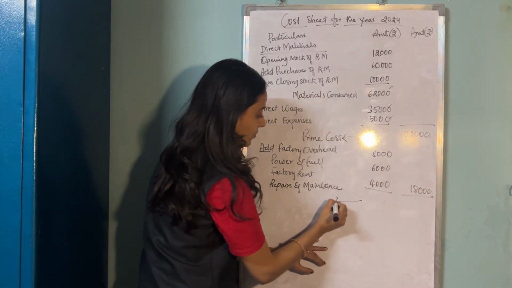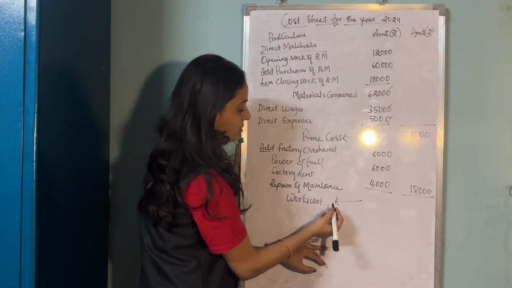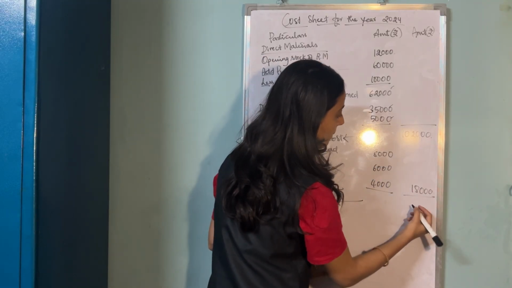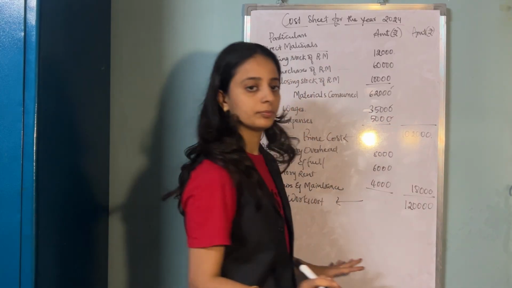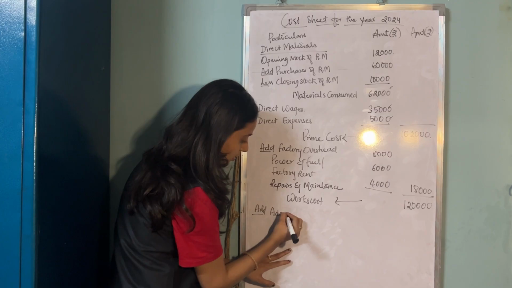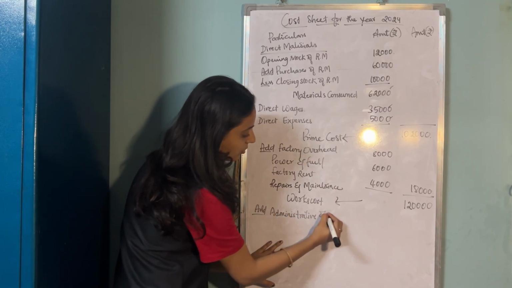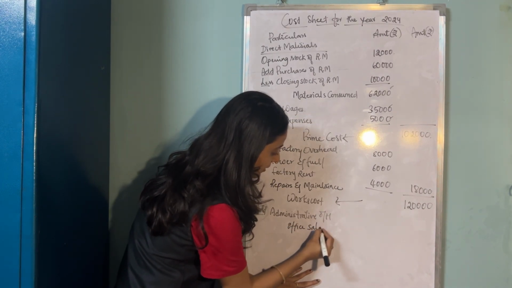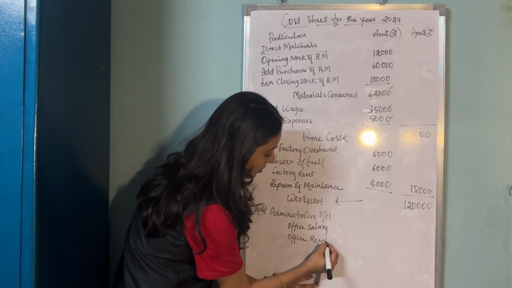Okay, so factory overhead, opening stock of work in progress, closing stock of work in progress is not given. Forget it. So what will be the total? 1,20,000. Add administrative overhead, office salary, office rent.